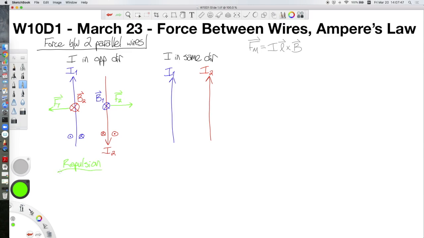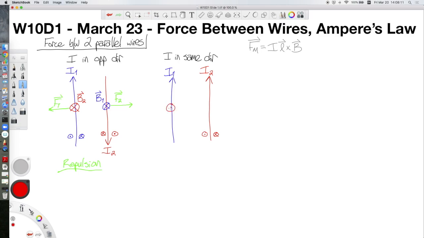Now I recommend pausing the video here and seeing if you can work out what happens when the currents go in the same direction yourselves. So go ahead and do that. Welcome back. Let's check your answers here. We go through the same process. Right-hand rule number 2 says wire 2 creates a magnetic field out of the board on the left and into the board on the right.